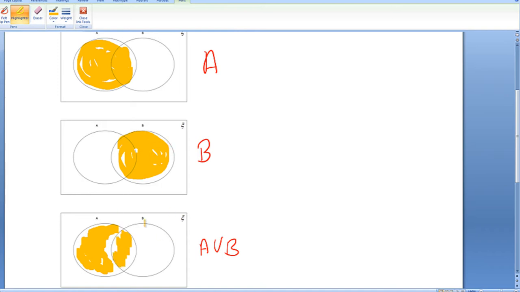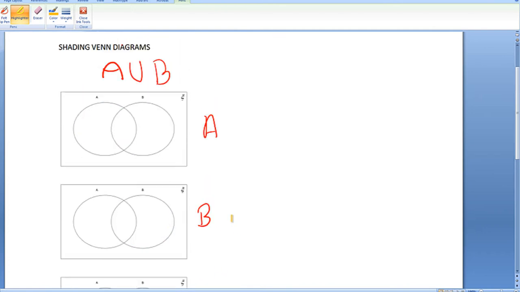And B appears in this one, so we highlight that as well. That then means all of it will be highlighted. Not a great job of highlighting there, but you get my drift. So that's A union B. Alright, start undoing that.